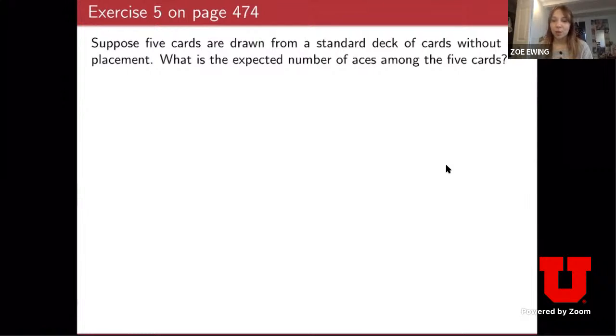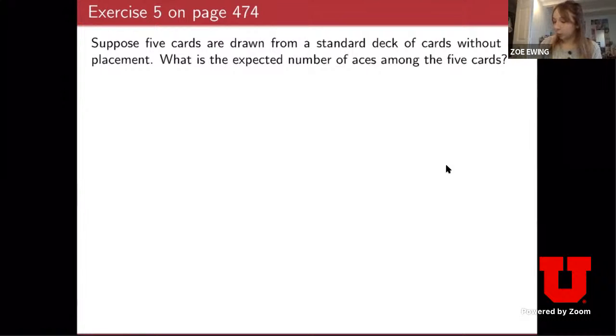Okay, so we want to make sure that we consider every single possible number of aces that we can have. So if 5 cards are drawn from a deck, then we can either have 0 aces, but that's going to end up not being used in the problem since it's expected number.